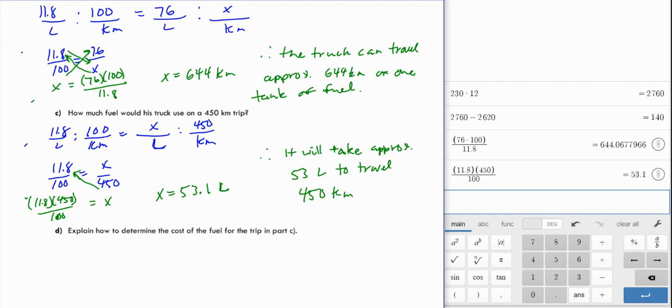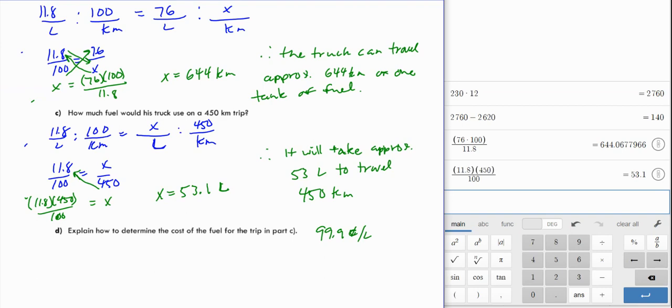Well, we would have to be given some information. So if we were to look up fuel costs today, let's say they were 99 cents a liter, right?